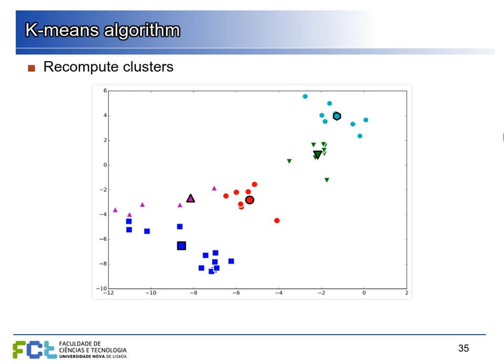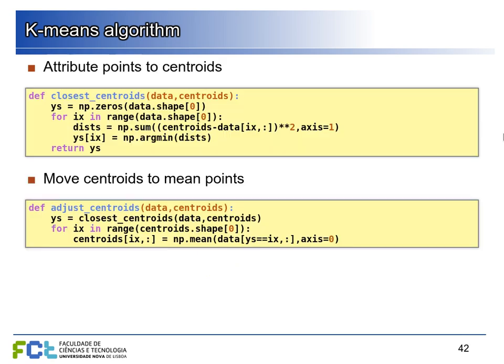So we compute the mean point again, we move the centroid, we recompute the clusters, and we do that iteratively, and we do that until convergence. So eventually we are no longer moving, there are no changes in the cluster, so there are no changes in the mean, and our centroids remain in the same place. So this is how the k-means algorithm, Lloyd's algorithm, works for computing k-means.